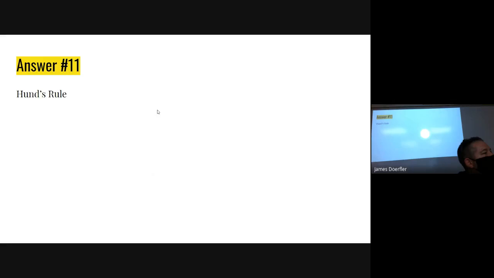Hund's rule. Okay, that's Hund's rule. He's the reason why when we have orbital subshells like P, D, and F, we have to make sure everybody has an up arrow before you can go back and have seconds on that subshell. Because that is maximizing the number of electrons with the same spin.